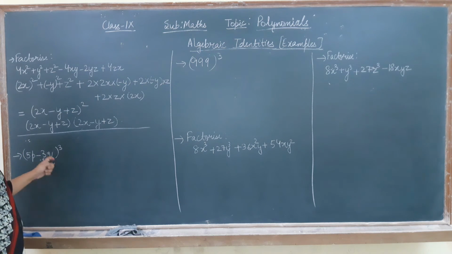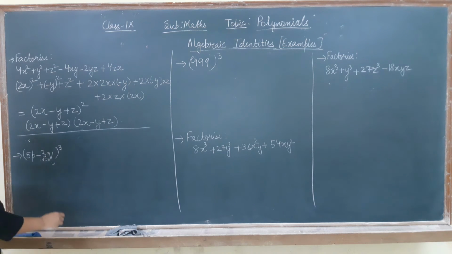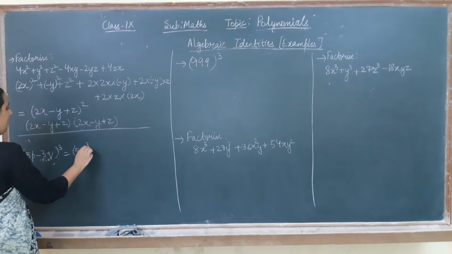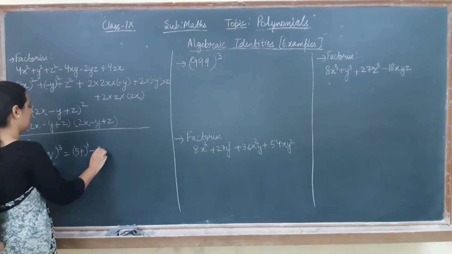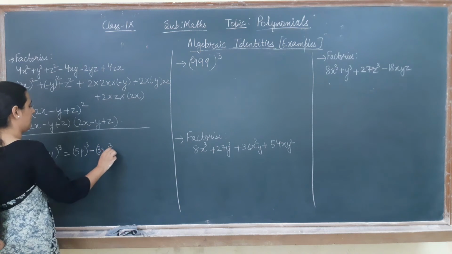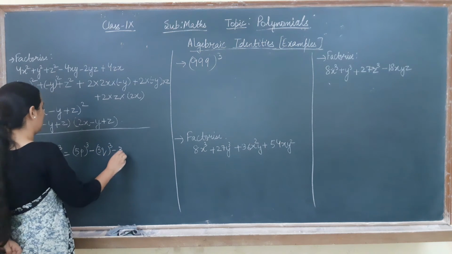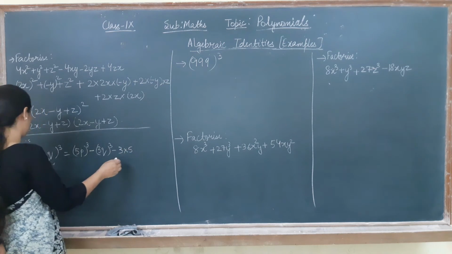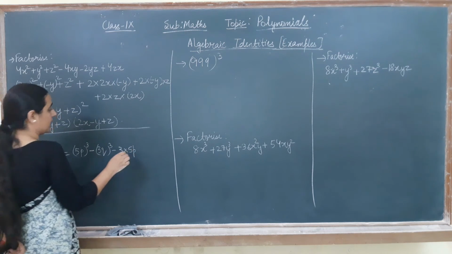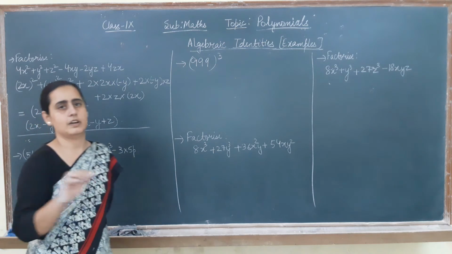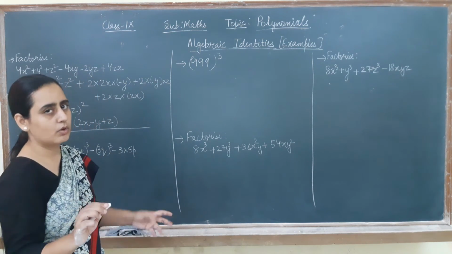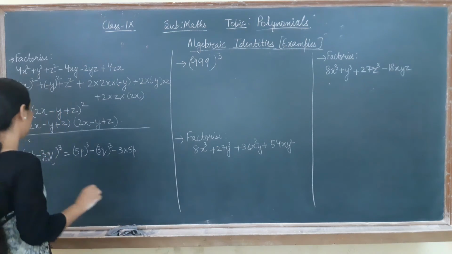Next is simply expand. We know the identity for this. What is the identity? x cube minus y cube minus 3x square y plus 3xy square. I told you we have the identity of cube in 2 forms, so you can use any of the forms. Fine.